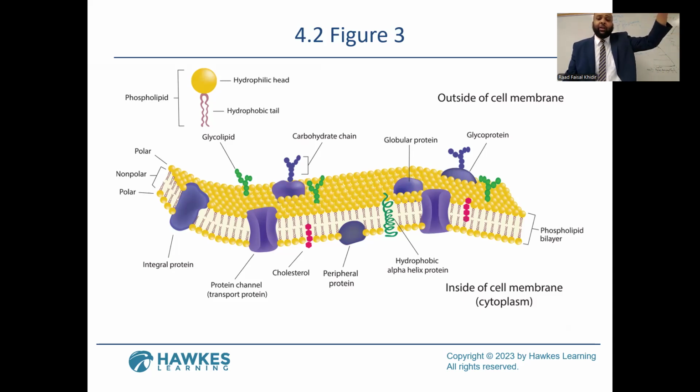But you see some of them are not peripheral. You see where my mouse is pointing? Here. This one is not peripheral, it is spanning both. This is peripheral, on the lower periphery, and this one is peripheral, on the top periphery. But this one is a transmembrane, like a tunnel. So that one is not peripheral.